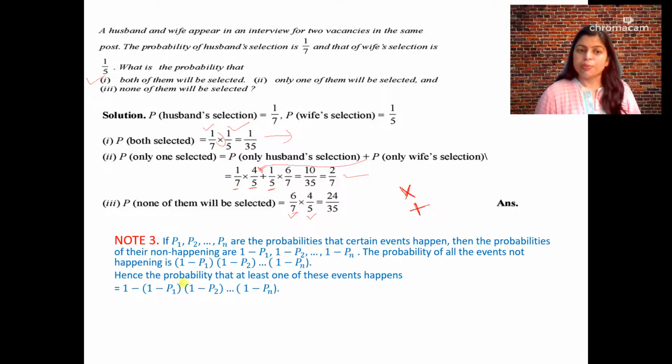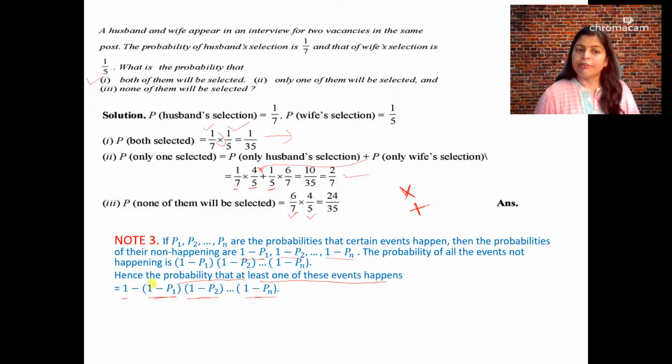The probability that at least one of the events happens is 1 minus (1 minus p1)(1 minus p2)...(1 minus pn). What does it mean? If p1, p2, pn are the probabilities of happening, then 1 minus p1, 1 minus p2, 1 minus pn will be the probabilities of not happening.